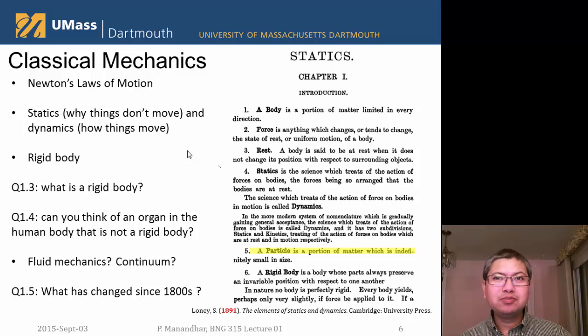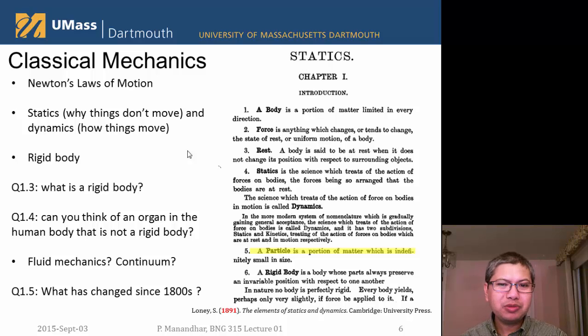Early on, people found it difficult to think about things that change shape. So they said, let's consider the ideal case that it doesn't change shape and just moves or rotates from one place to another. And then they developed all this mathematics to describe those bodies.